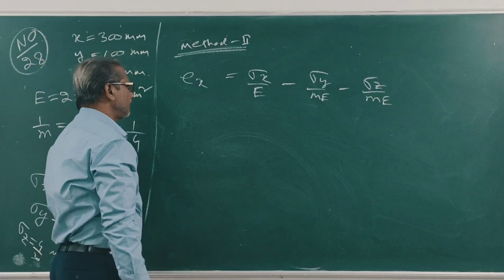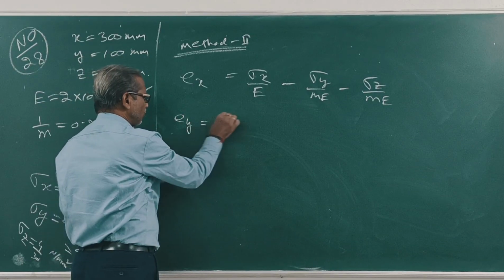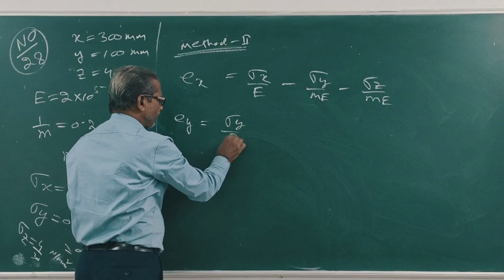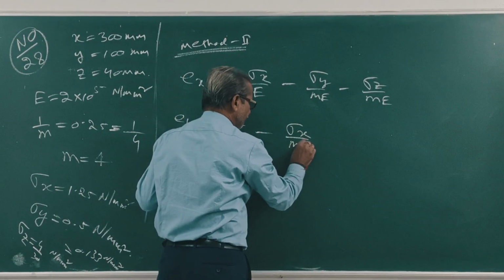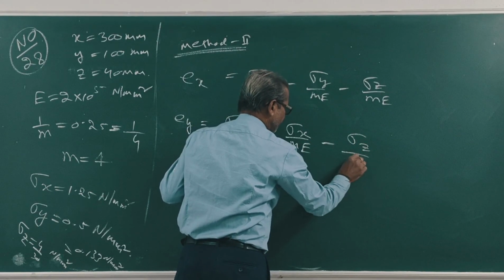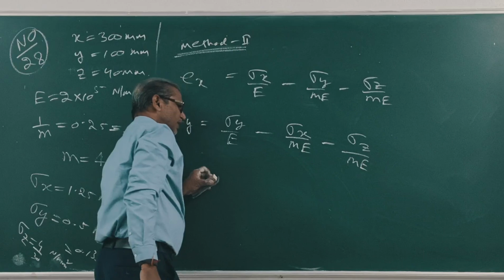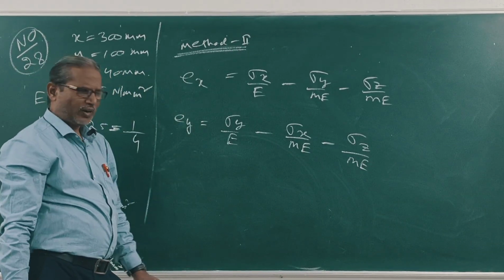Similarly, the resulting strain in y direction: εy is equal to σy by E minus σx by mE minus σz by mE. Right? This is the resultant strain in y direction.